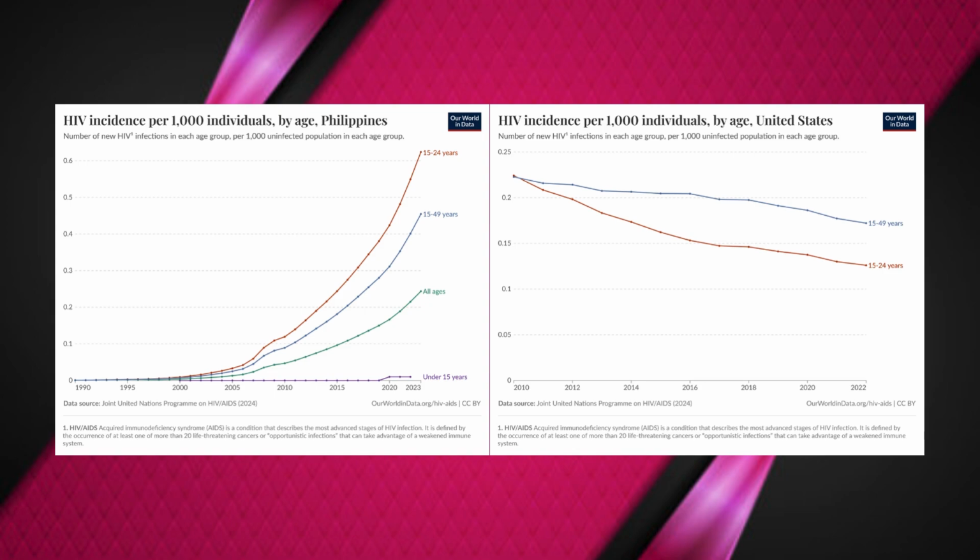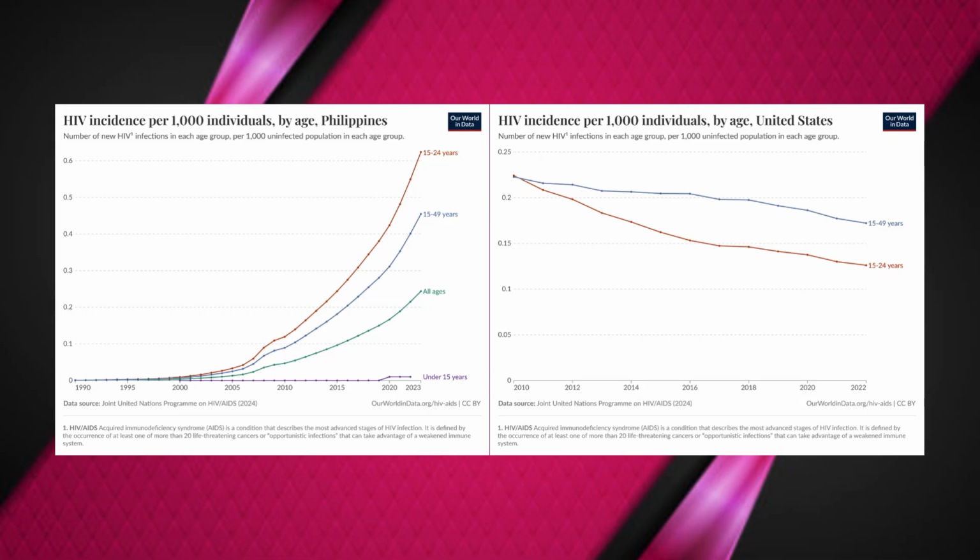But at the 15 to 24 years, that line has gone up, as well as that of the 15 to 49-year age group range, although it's not as high. So it's not to the extent of the 15 to 24-year age group.